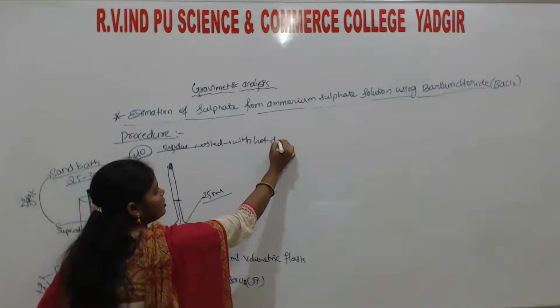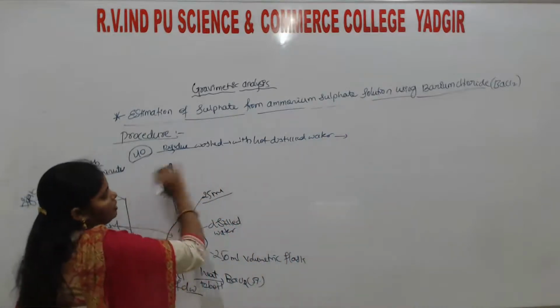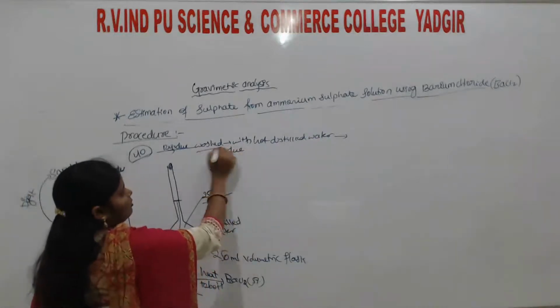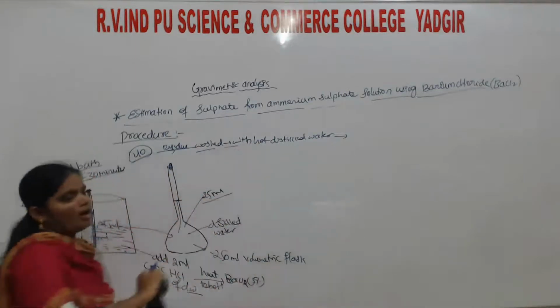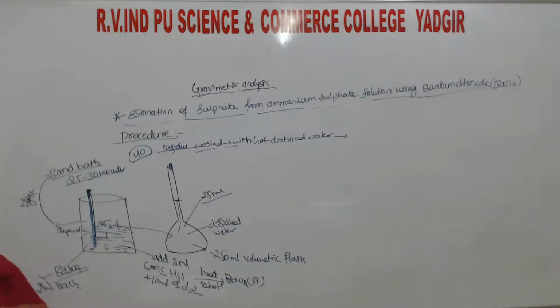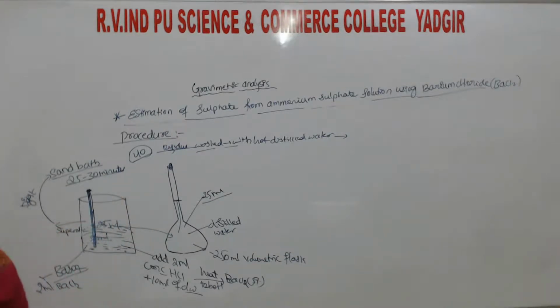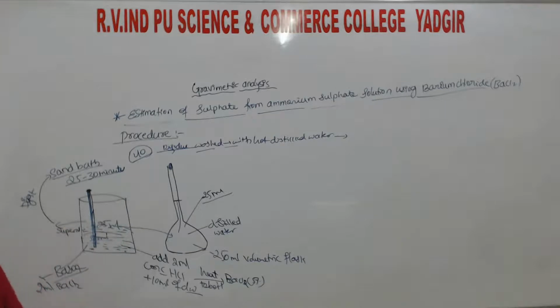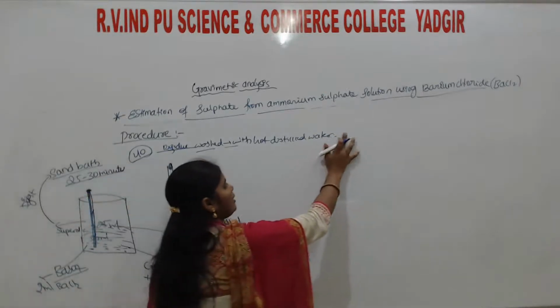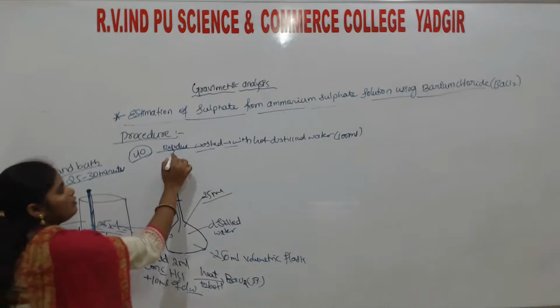For washing purposes you use hot distilled water, about 100 ml each time, 4 to 5 times.